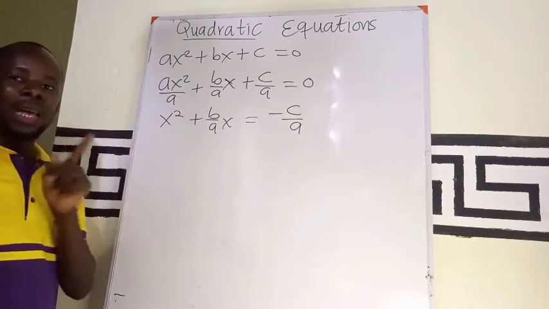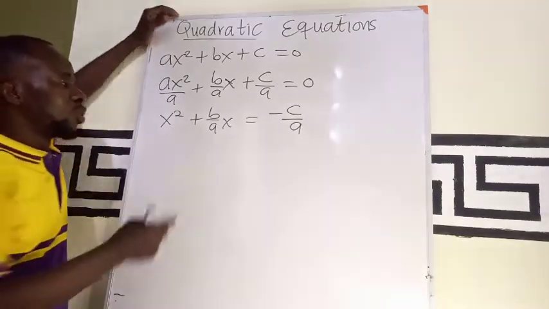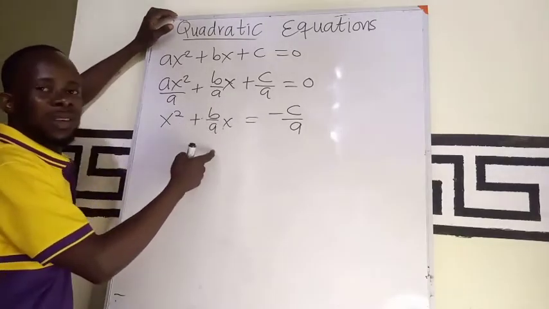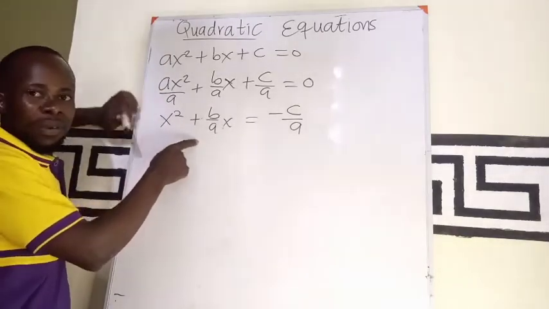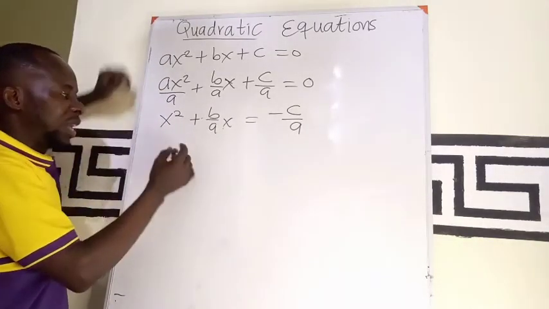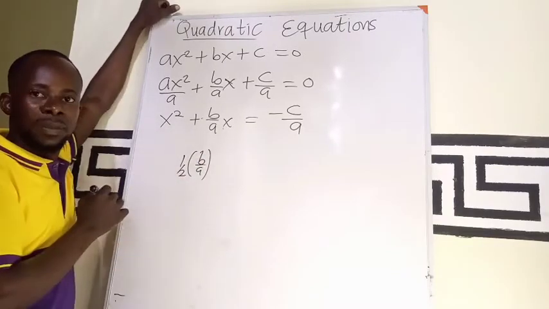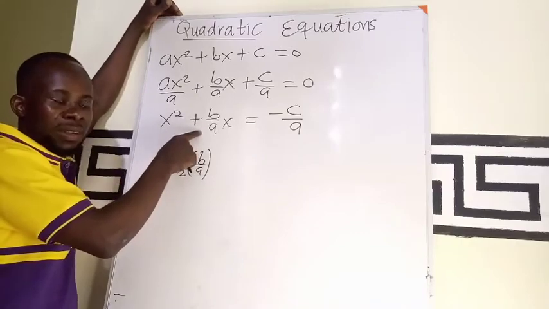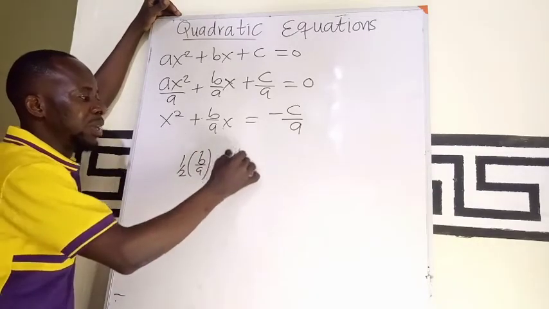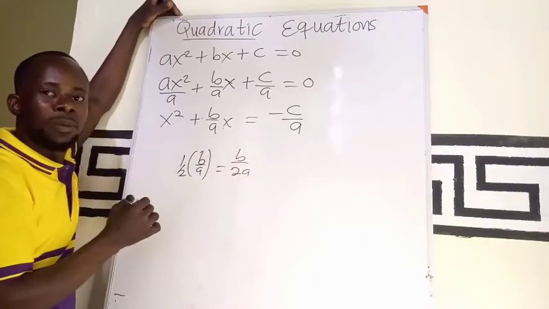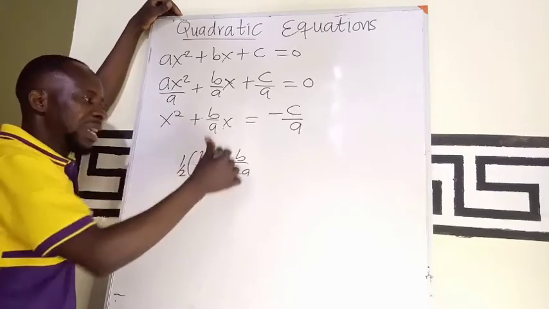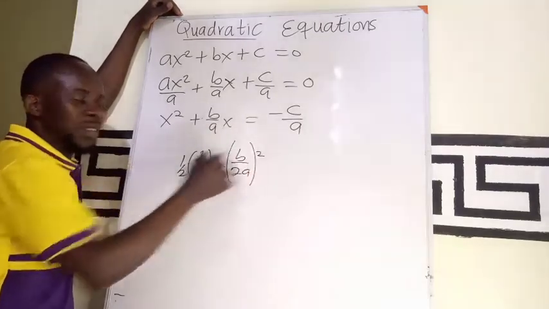Now the second step to follow is that for your coefficient of x, you find half and square it. So I'll say half of b over a. I'll find half of this, and the answer I'll get is b over 2a. Find half of it, then square the answer that you will get.